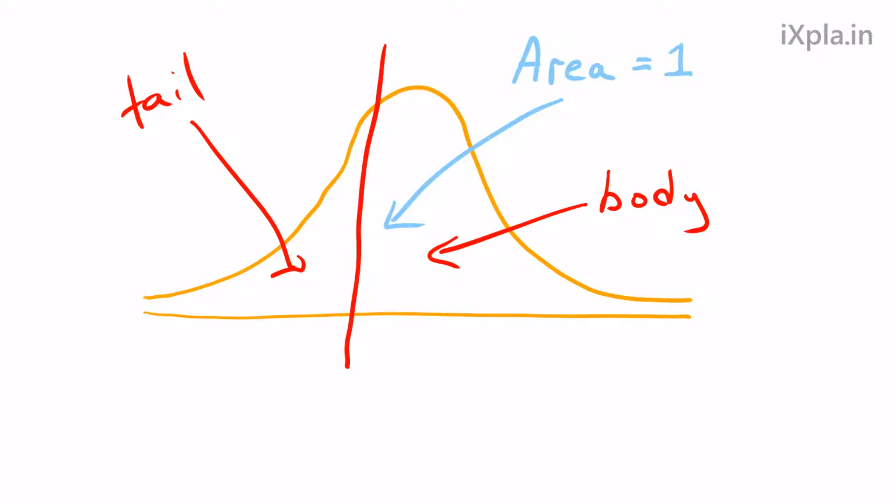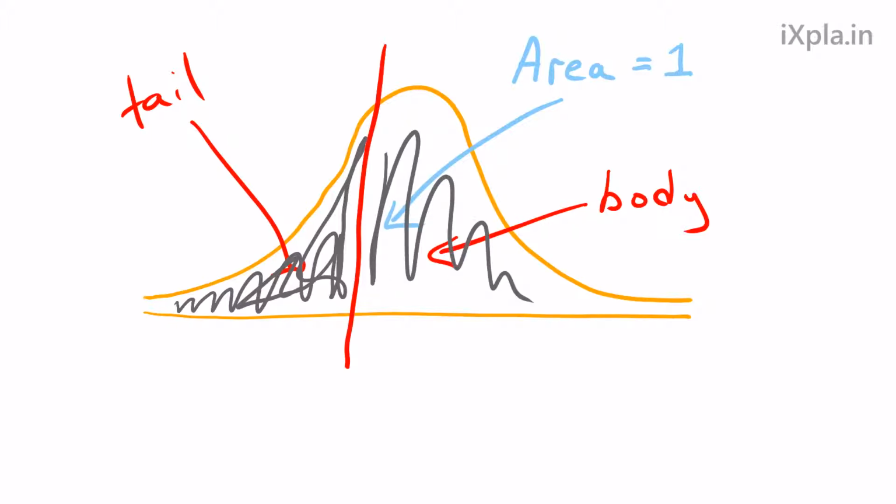If we were to take the area in the tail portion, so all of this area, and add it to the area in the body, we should get 1. The body plus the tail will always give you 1.